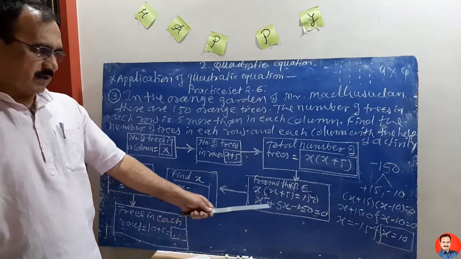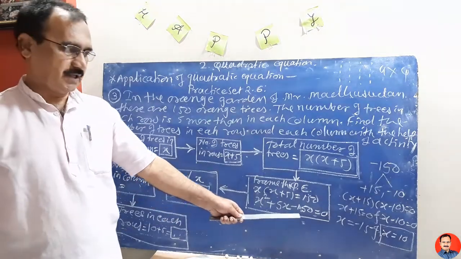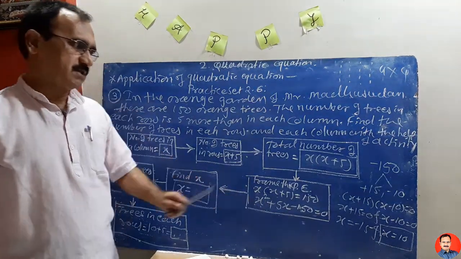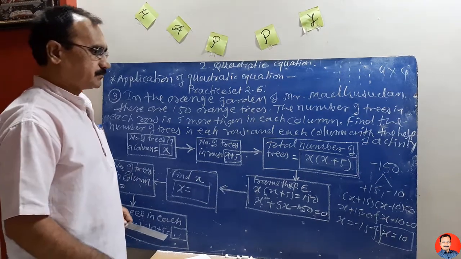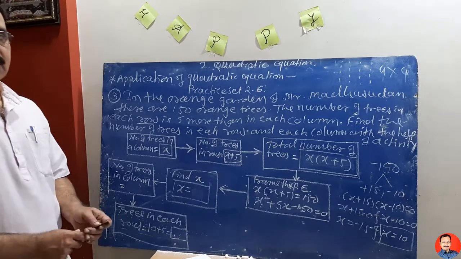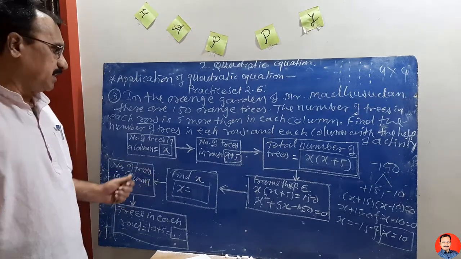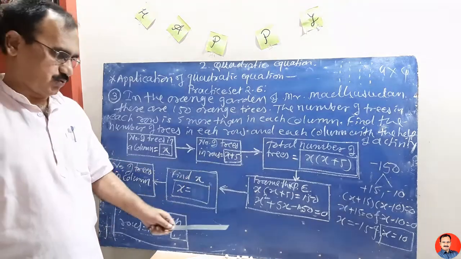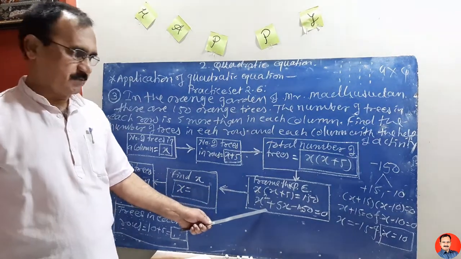That means x² + 5x - 150 = 0. This is a quadratic equation. Now we have to solve this quadratic equation, then we can write the number of trees in each column and each row.